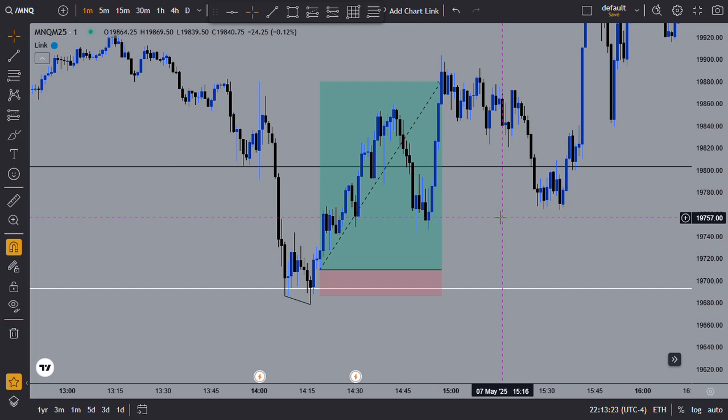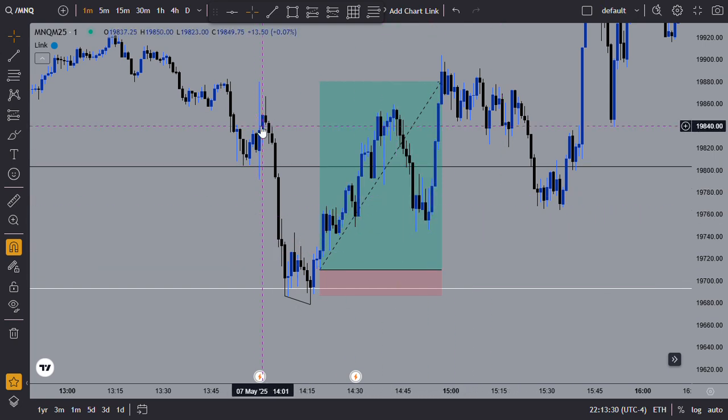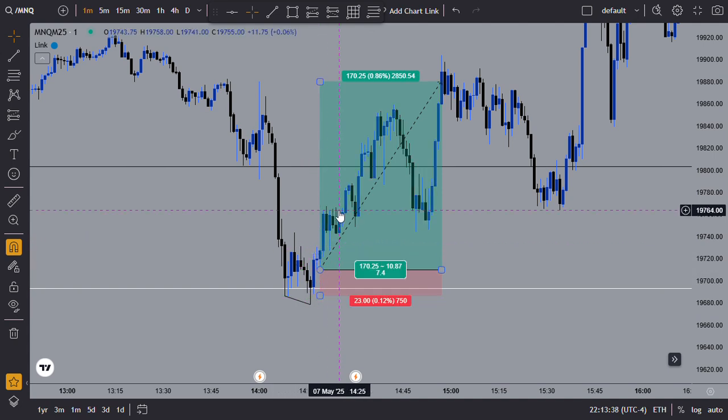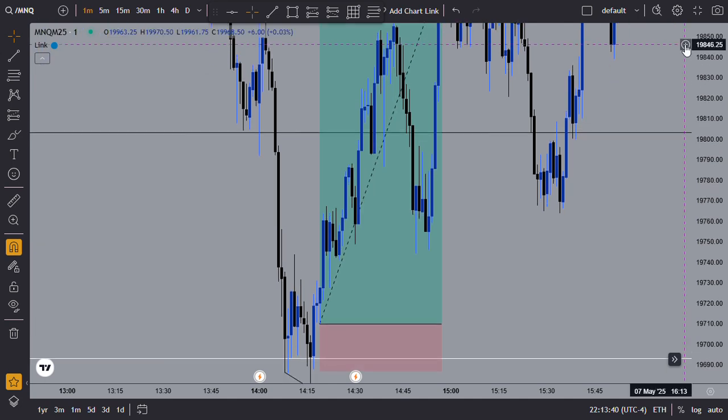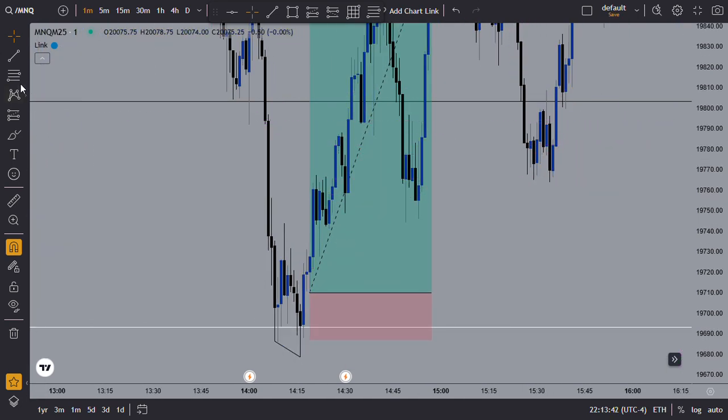This was also another entry that could have worked. I didn't trade the PM session today because I do one and done. But look, we swept this range, a sweep of liquidity, created an SMT after the retrace, fair value gap right here.